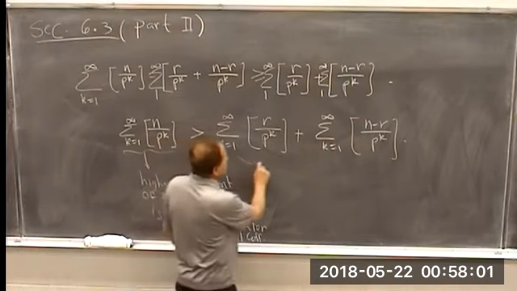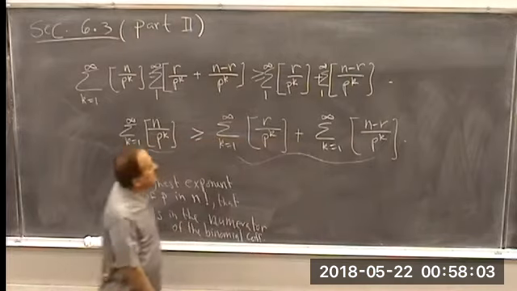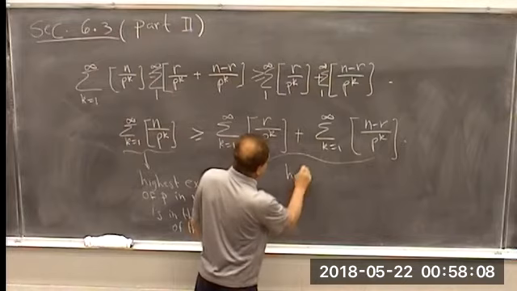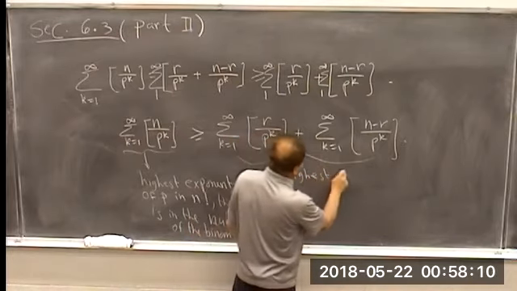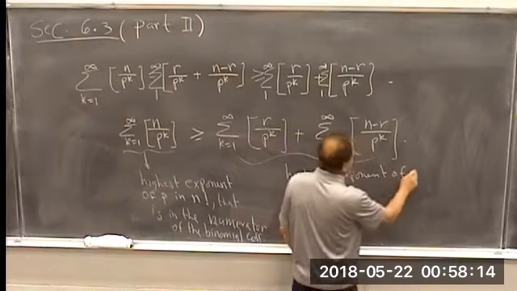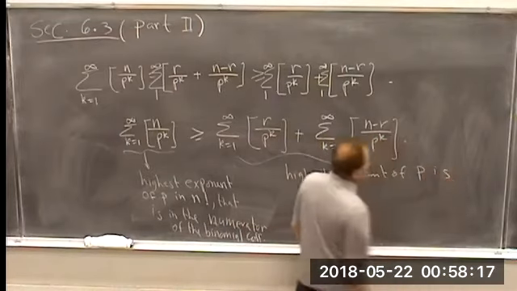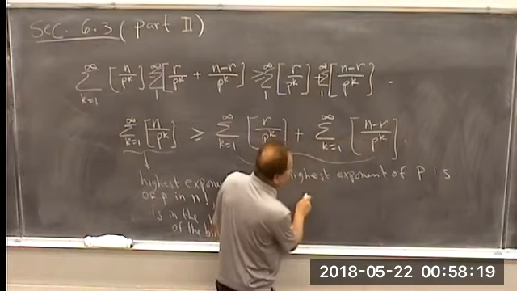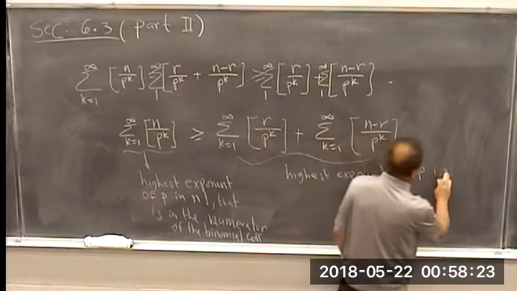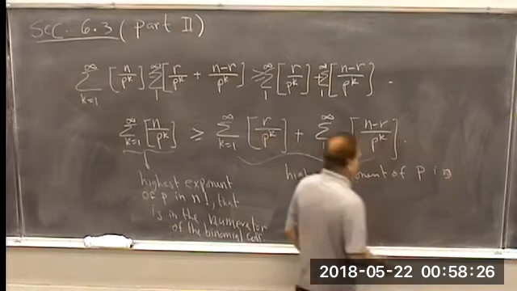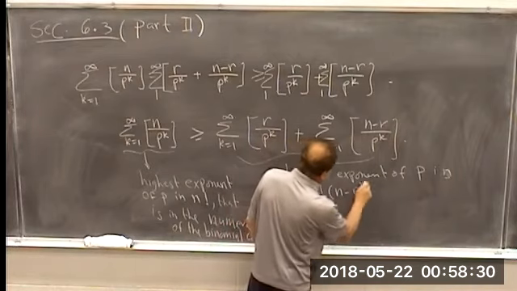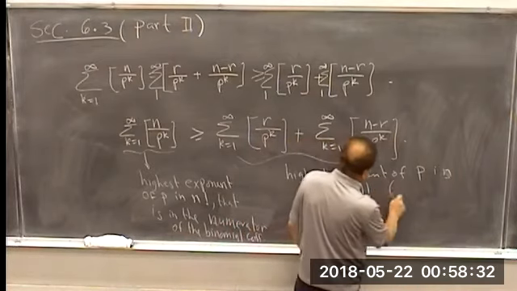And this is the highest exponent of p in the denominator. Okay, this is the highest exponent of p in the product, which is r factorial times n minus r factorial, that is the denominator.